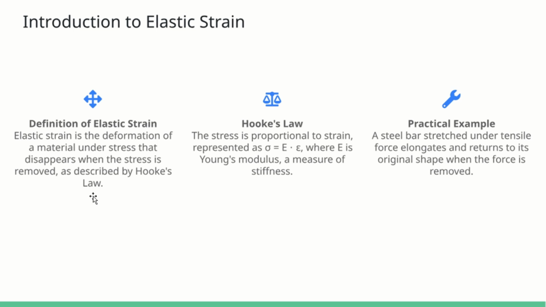What is elastic strain? It's the deformation of material under stress that disappears when stress is removed, and is described by Hooke's law. Meaning that, for everything that you see in your life, let's say you take a rubber band, you stretch the rubber band using both your hands, and then you release, and the rubber band will come back to its original position.